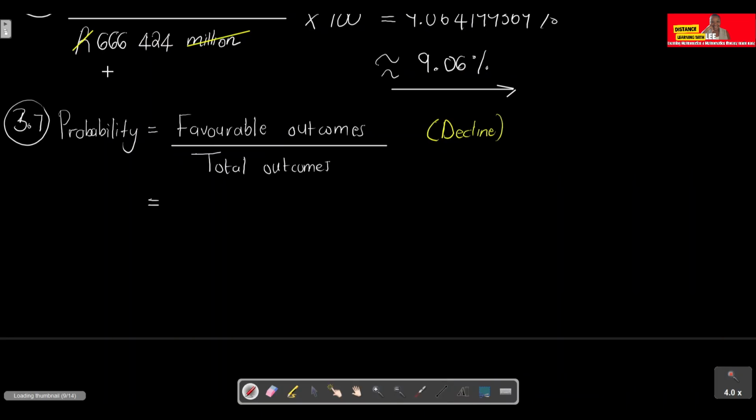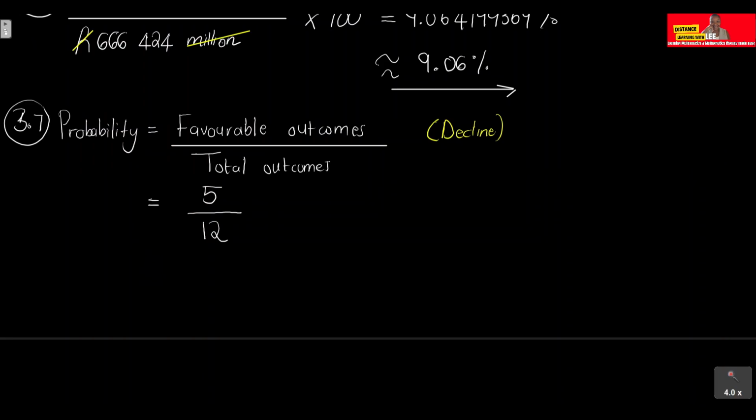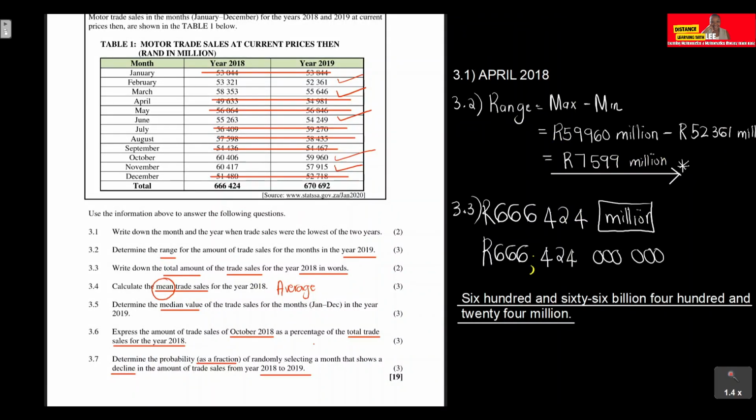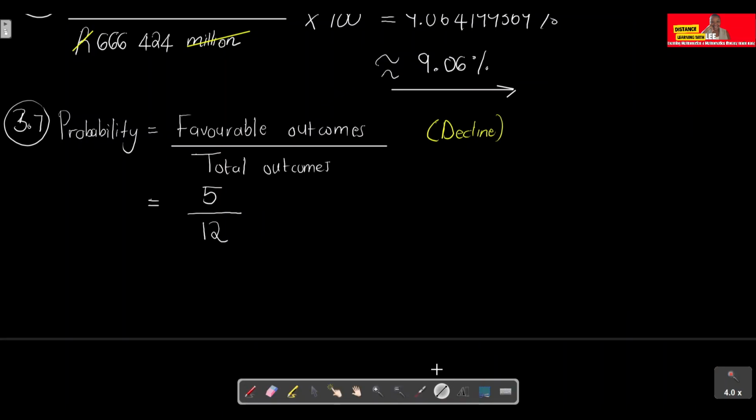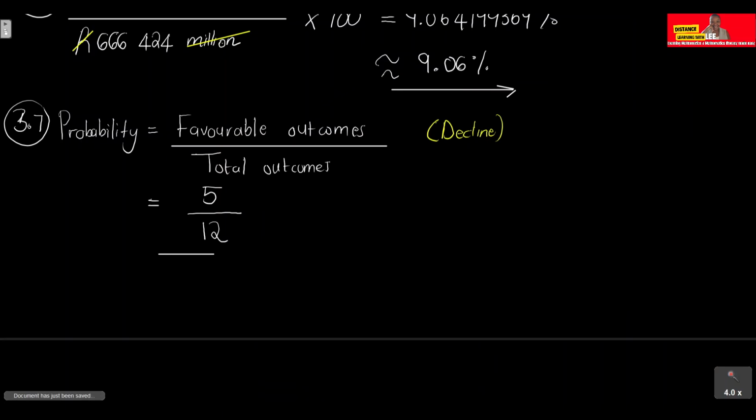And what are our total outcomes? Our total outcomes is just 12. Therefore, the probability of randomly selecting a month that shows a decline in the amount of trade sales from 2018 to 2019 is just 5/12, because remember they asked us to have that as a fraction.